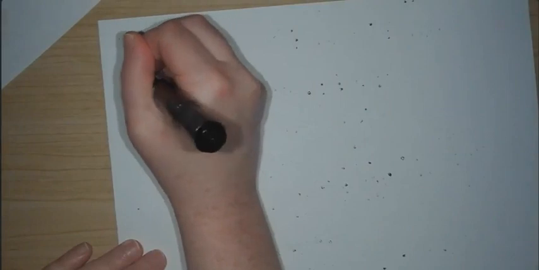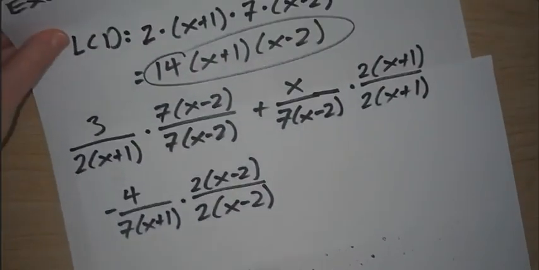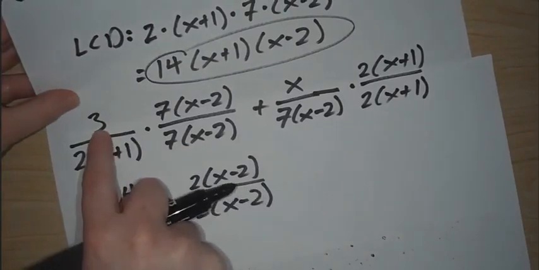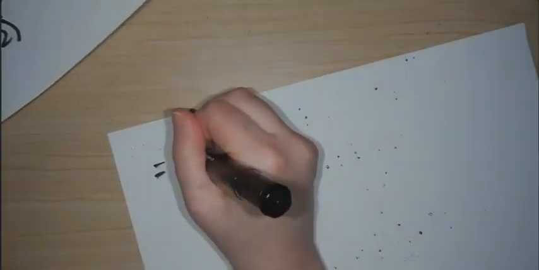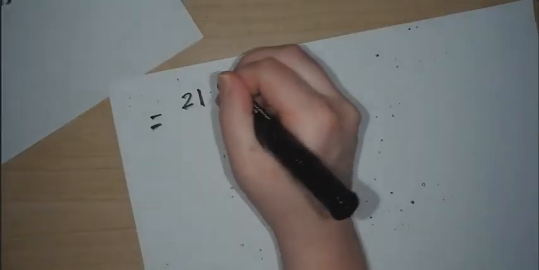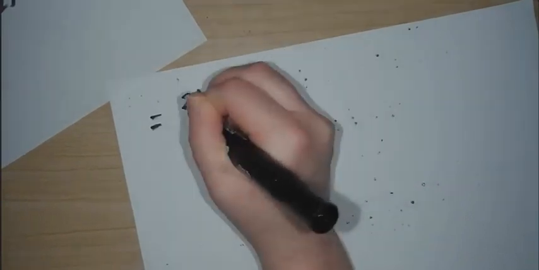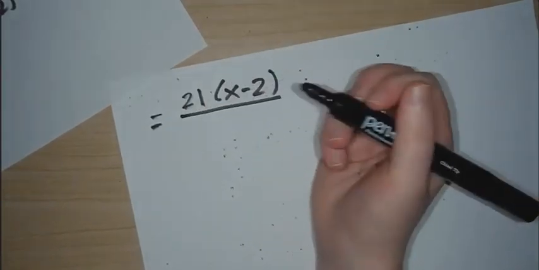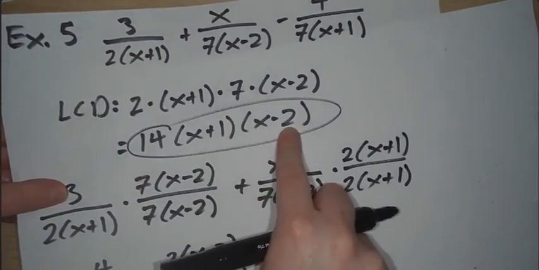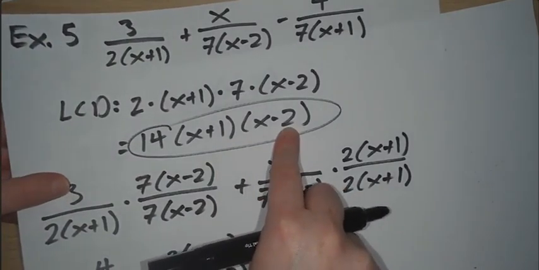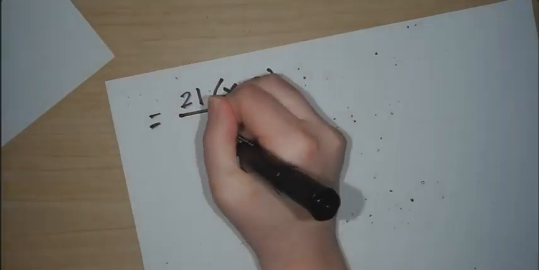So this first fraction, when we multiply out the numerator, 3 times 7 is 21, times this x minus 2, over the LCD, which is this 14 times x plus 1 times x minus 2. I'm just going to write it as LCD for simplification purposes.